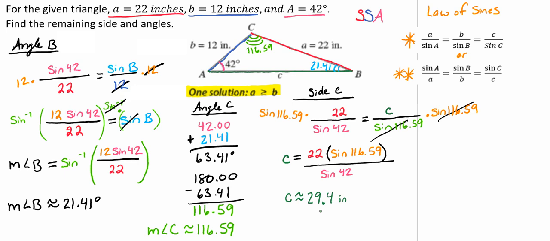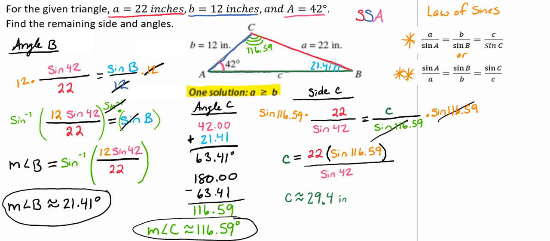So now we found the three missing pieces that we needed. We found our missing angle B, we found our missing angle C, and we found our side length C. So those were the remaining side and angles that we needed. And so now we're done.